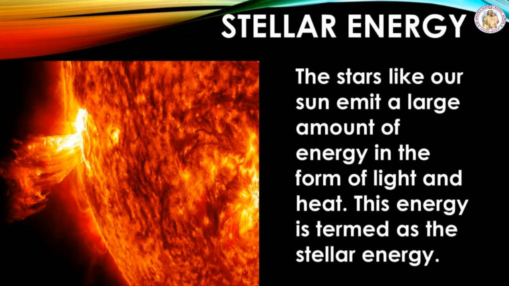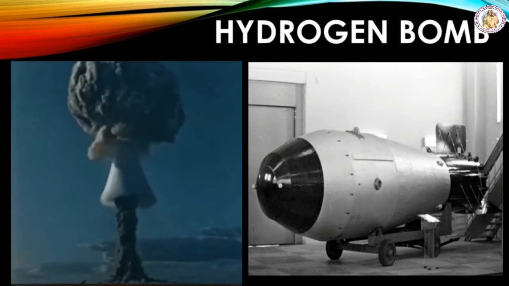Fusion reaction that takes place in the cores of the sun and the other stars results in an enormous amount of energy, which is called as stellar energy. Thus, nuclear fusion or thermonuclear reaction is the source of light and heat energy in the sun and other stars.